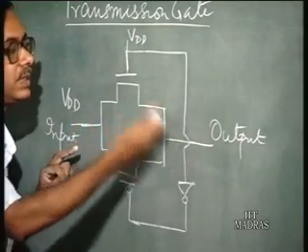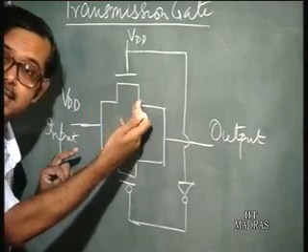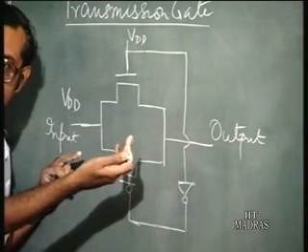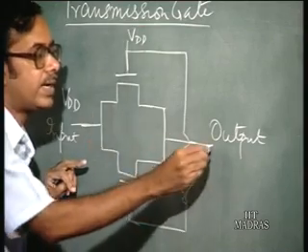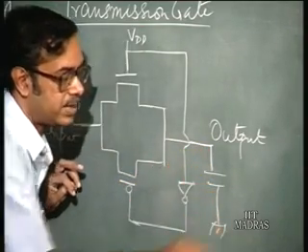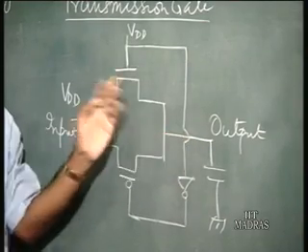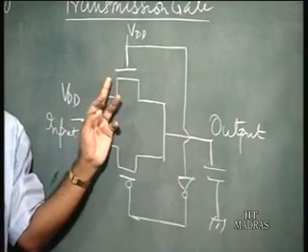So the effective resistance of the NMOS transistor is increasing, and it requires more and more time to charge this output capacitance, and finally, when the output voltage reached VDD minus VT, this would be turned off.